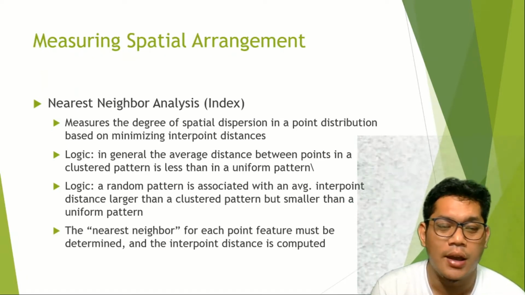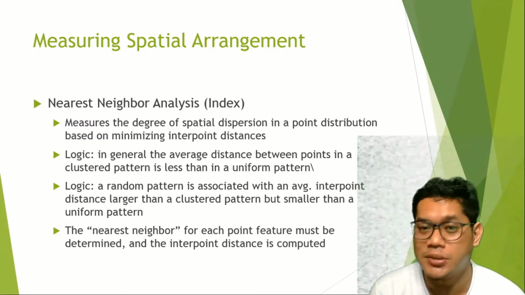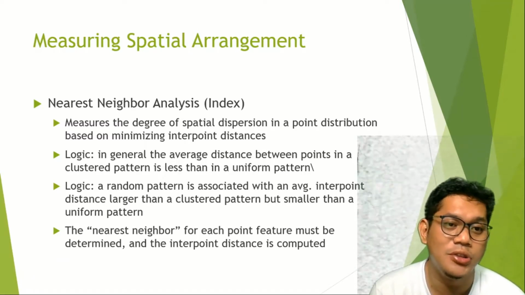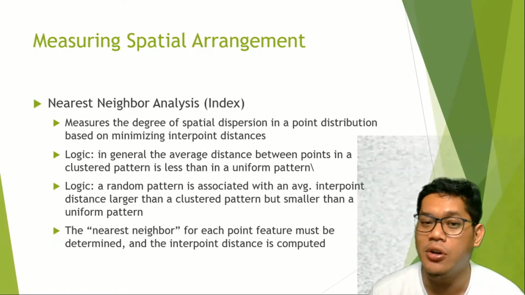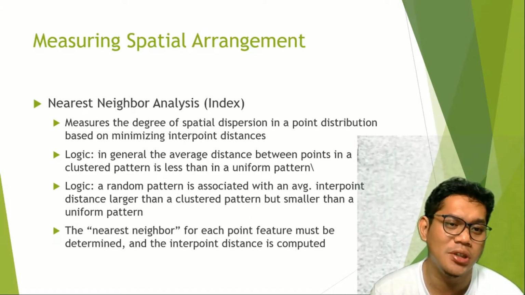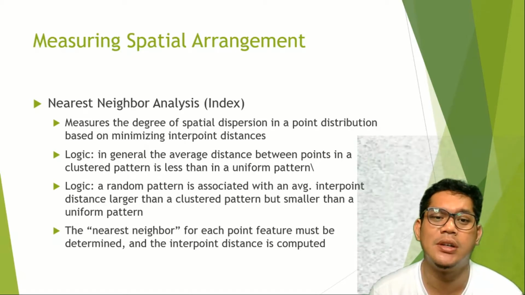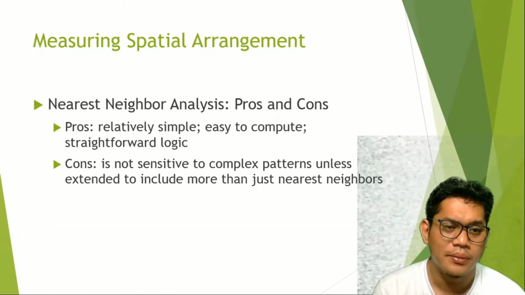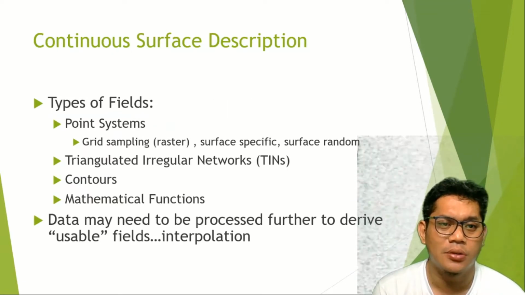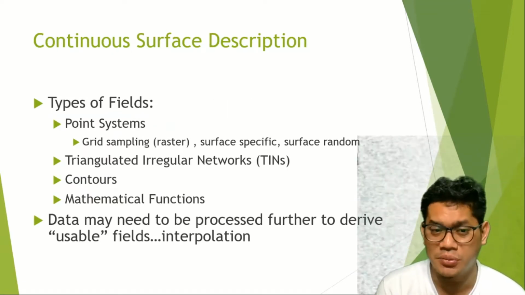You can also measure spatial arrangement, using nearest neighbor analysis to measure the degree of spatial dispersion in a point distribution based on the minimum interpoint distances. And of course, you can look into continuous surface descriptions. There's a lot, actually.